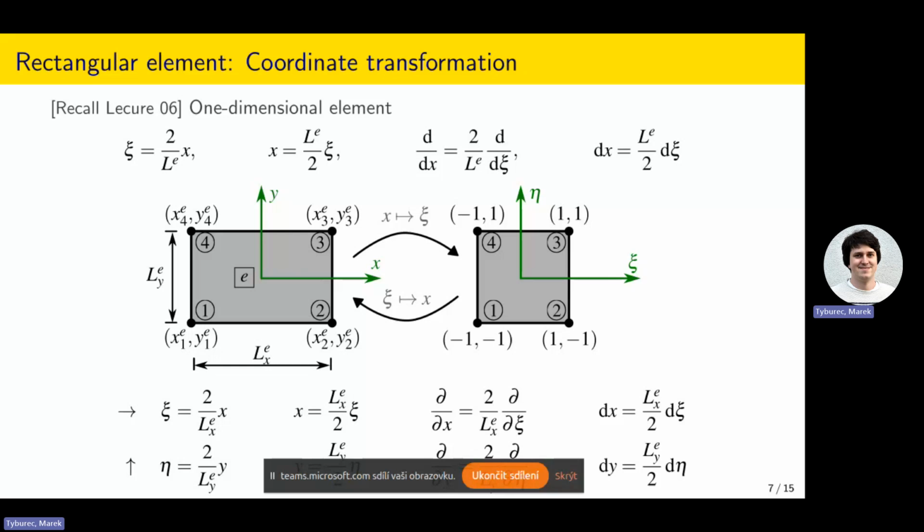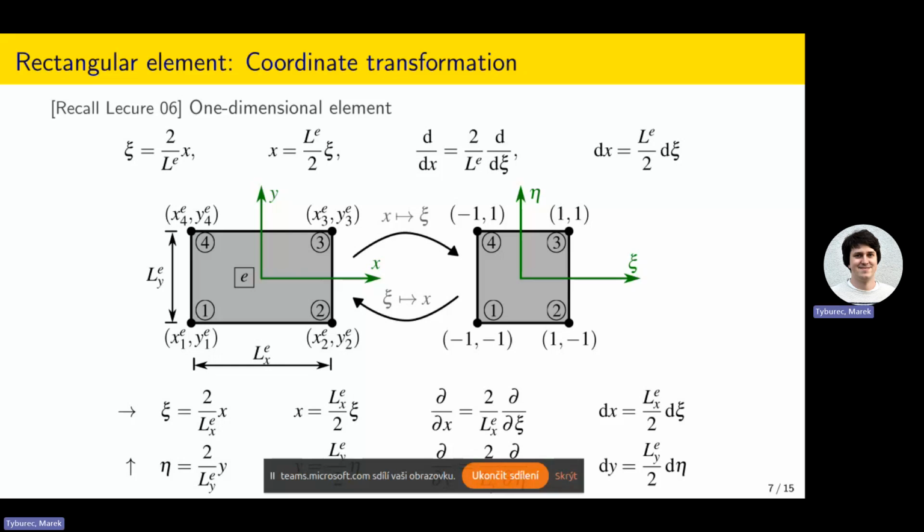This can be rewritten when we have psi equals 2 over L times x.